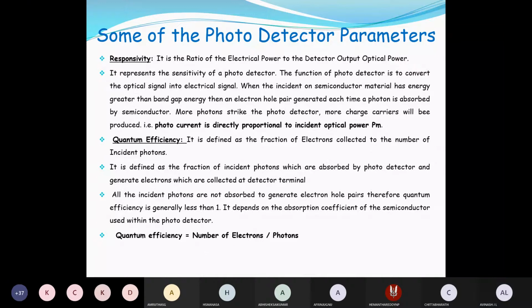The photocurrent is directly proportional to the incident optical power Pin. The more photons strike the photodetector, the more charge carriers will be produced. It's a very simple thing. That is, photocurrent is directly proportional to the incident optical power.